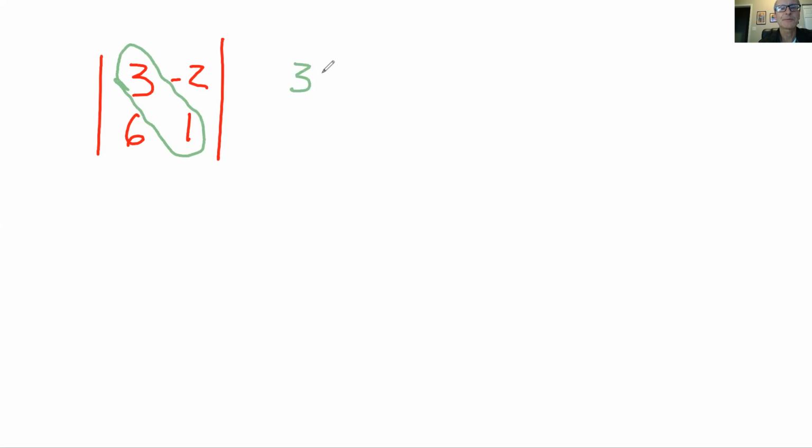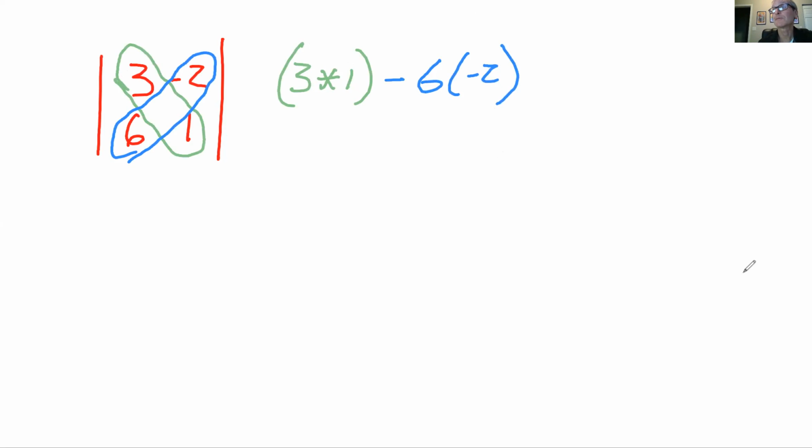That would be 3 times 1, and you subtract the other diagonal, that would be 6 times minus 2. Once you have that set up, you just do a little bit of arithmetic. 3 times 1 is 3, and minus a minus is plus 12. So you would get the number 15.